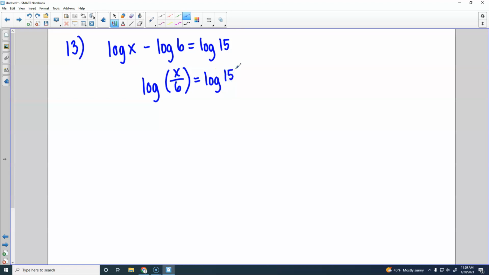And now you just have a single log on each side, so you can drop logs. X over 6 would equal 15. How do I get rid of that 6? Multiply both sides by 6 because fractions are just division. So x is going to equal 15 times 6, which is 90.